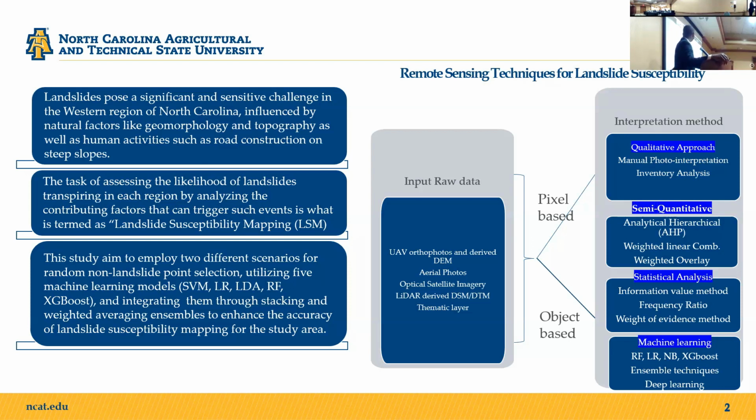There have been some methods for landslide susceptibility. There is the qualitative approach, that is manual interpretation of photogrammetry or aerial pictures, and inventory analysis. By looking at the historical landslide effects, we can determine whether there will be landslide in future in that particular area or not.